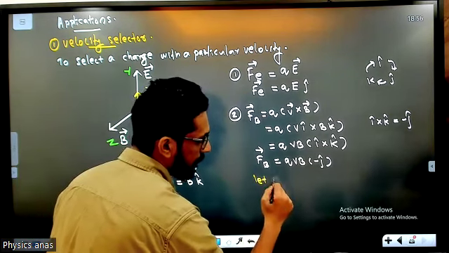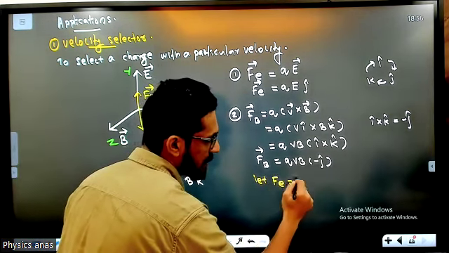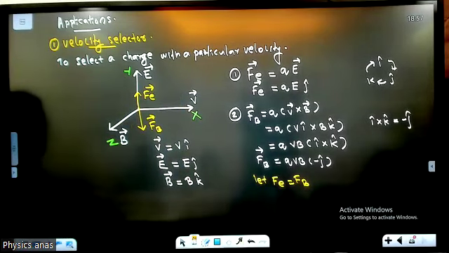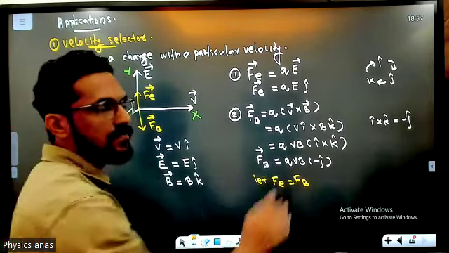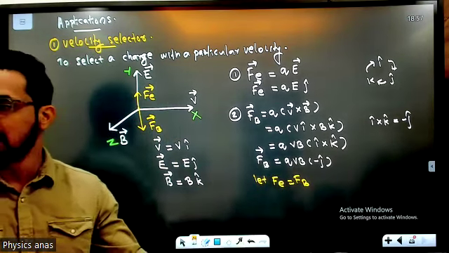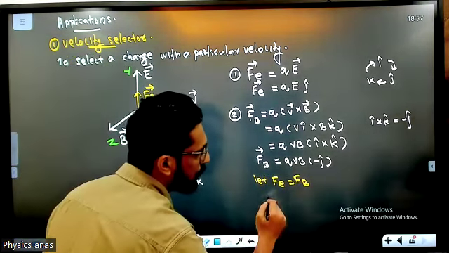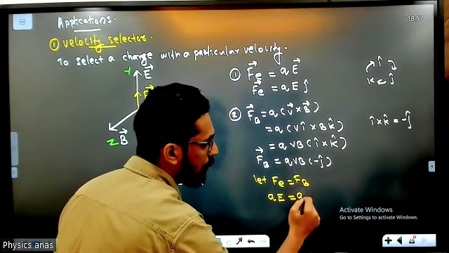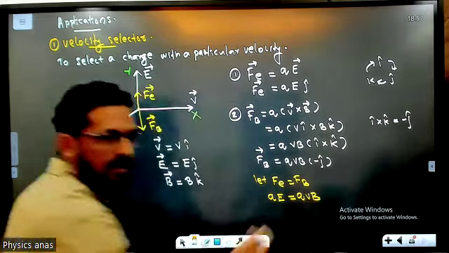Let's take the magnitude of Fe equal to Fb. What will happen? If their magnitudes are equal, then QE will be equal to QVB.